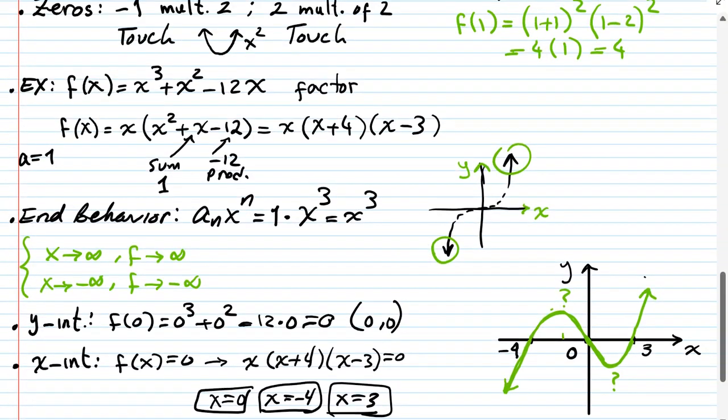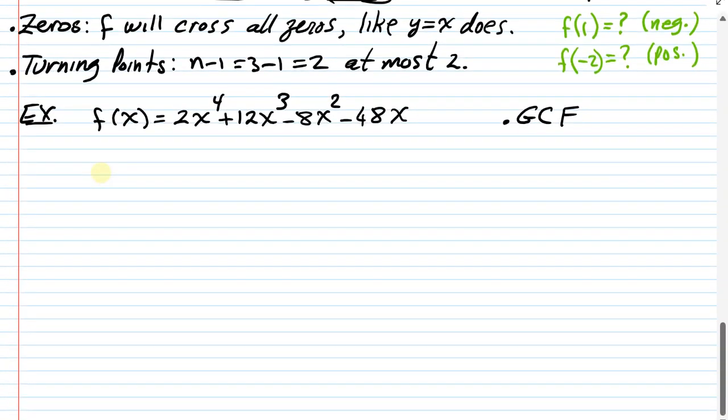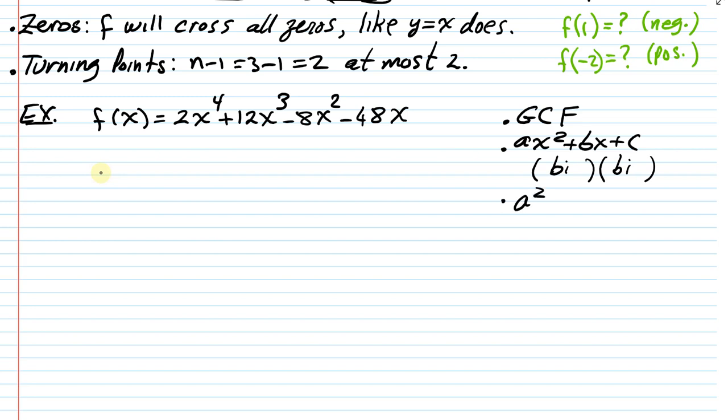Which is what I did up here. Remember, the GCF of this expression was x. So we removed the GCF. So we always look for the GCF. And then we look and see if the polynomial is in the form ax squared plus bx plus c. If a polynomial is like this, then chances are the factored form is going to be a binomial times another binomial here. And then certain special products come in. For example, if I have a difference of two squares, the special product is going to be a plus b, a minus b.